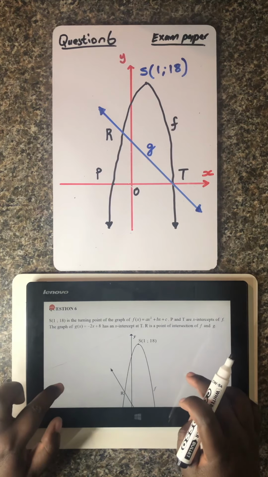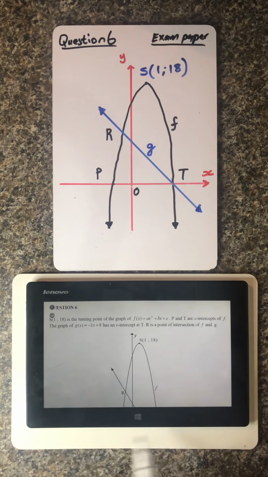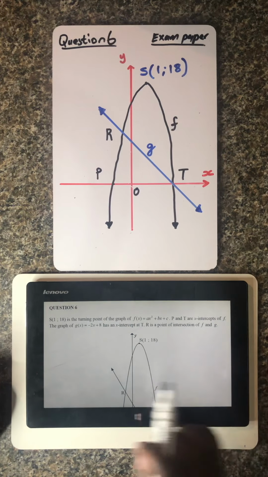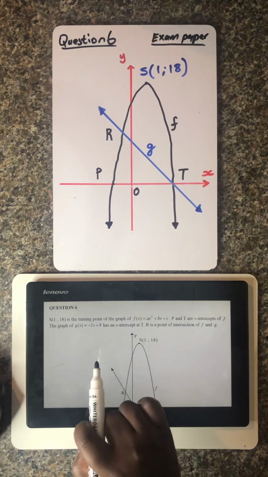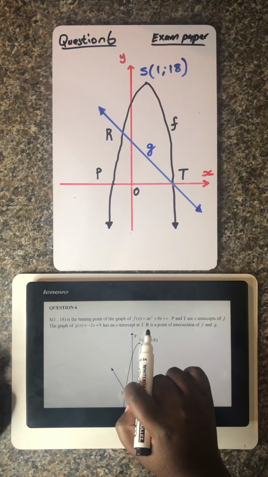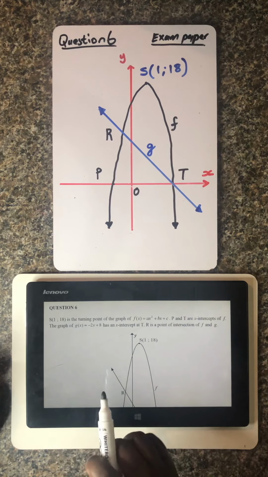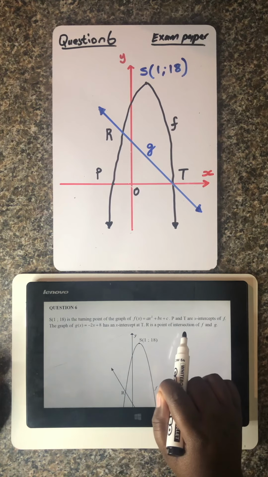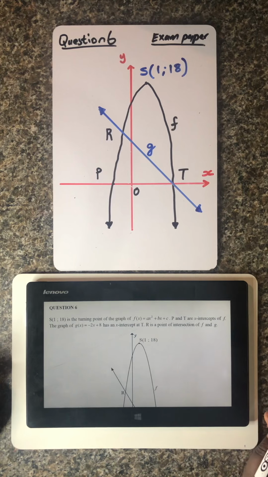So, ladies and gentlemen, the statement reads as follows: S, which is (1; 18), is the turning point of the graph of f(x) = ax² + bx + c. Okay, so P and T are the x-intercepts of f.